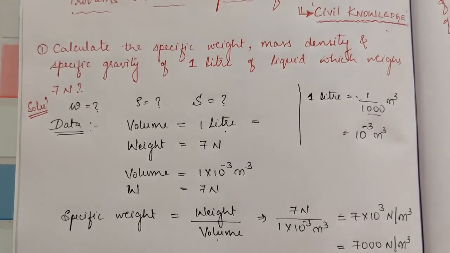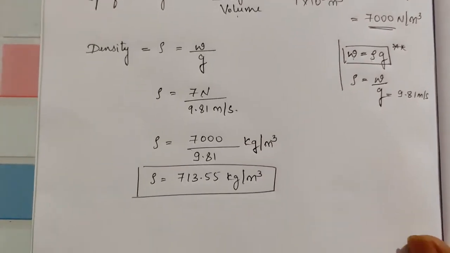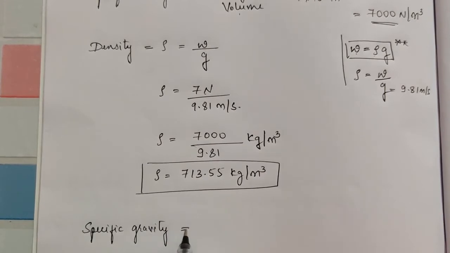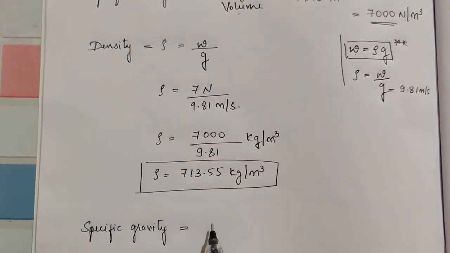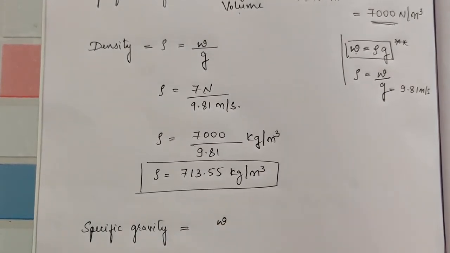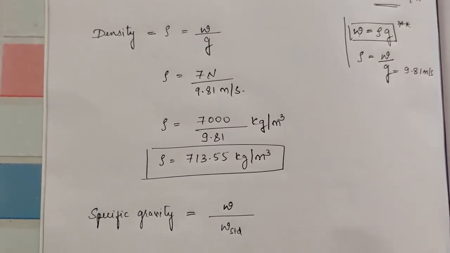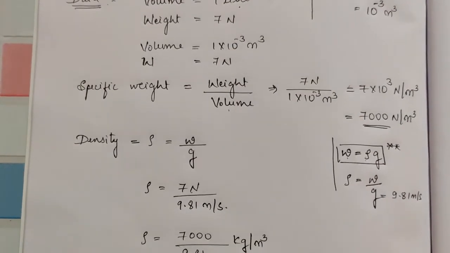So next, we have to find the specific gravity. According to the definition, we take the weight of the liquid to the weight of the standard liquid. In the case of liquid, it is water.